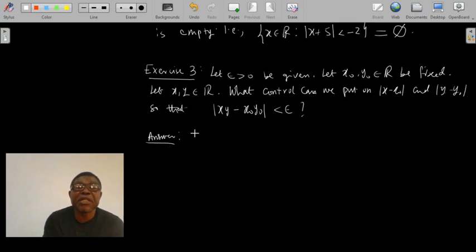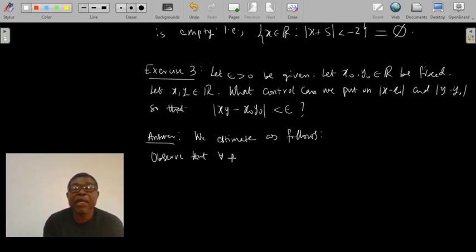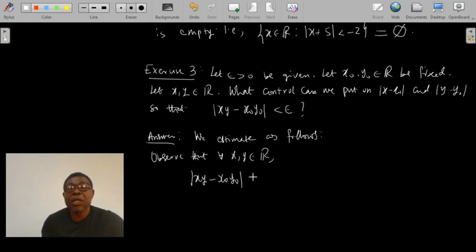We estimate now. Observe that for any x, y we pick in R, absolute value of xy minus x naught y naught will be equal to absolute value of xy.